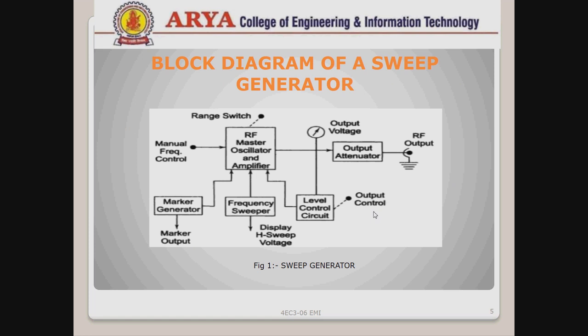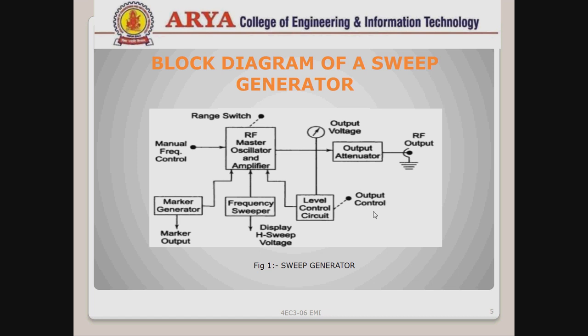In the next slide, we are going to discuss the block diagram of a sweep frequency generator, where we can see several blocks connected to each other and providing the RF output voltage. The main blocks in this block diagram are the RF master oscillator and amplifier, marker generator, frequency sweeper, level control circuits, and output attenuator.